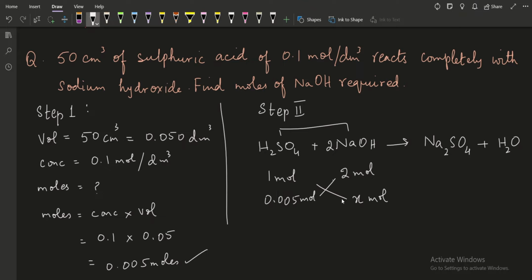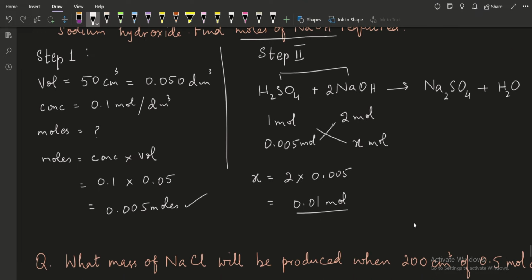So we can calculate the value of X. X will be equal to 2 multiplied by 0.005, and the answer will be 0.01 moles. So we were asked to find out the moles of sodium hydroxide required. This is our answer, 0.01 moles.